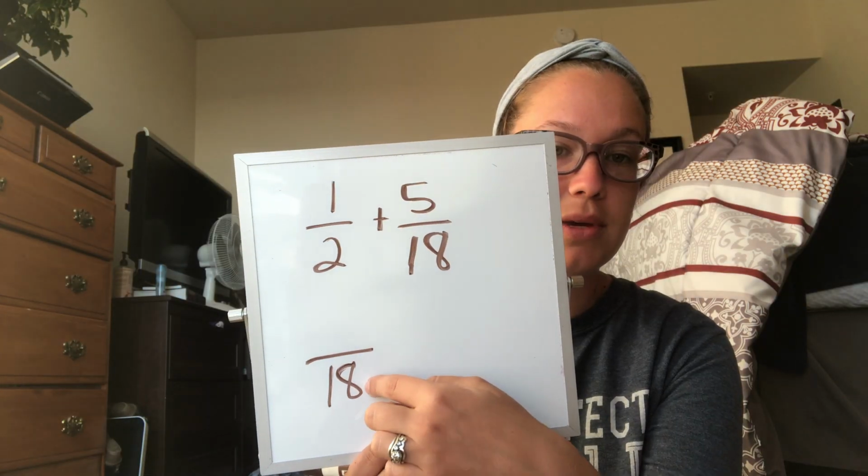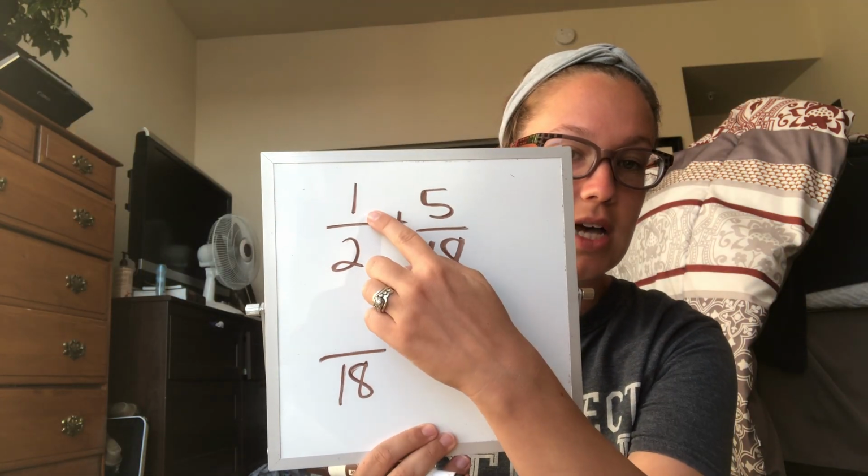Whatever I do to the bottom, I multiply by 9, I have to do the top. 1 times 9 is 9. So now I have 9/18 plus 5/18, which will give me, nope, that's not true, 14/18.